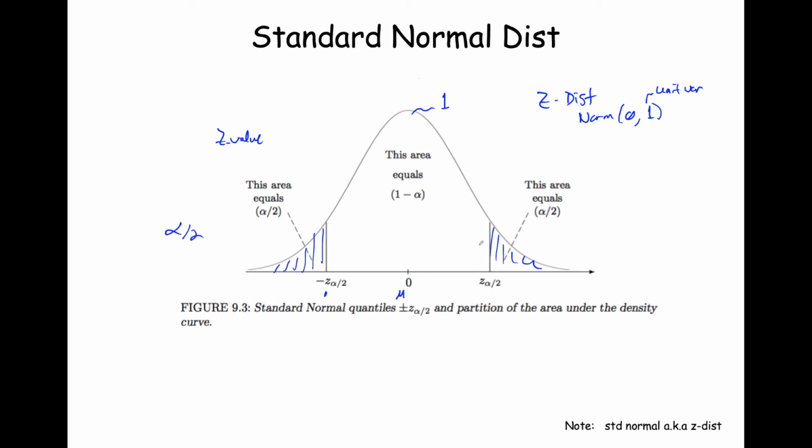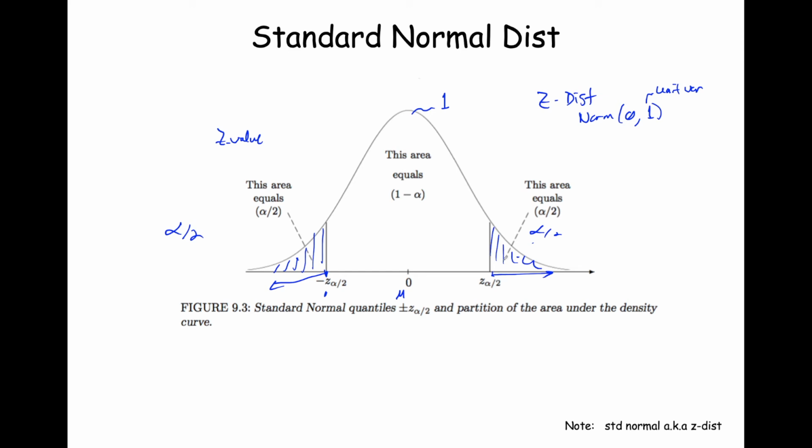Now, of course, if you have alpha over 2 here and alpha over 2 area over here, alpha over 2 plus alpha over 2 is equal to alpha. So if these tails represent a total of alpha probability mass, if you were to take the integral from the negative z value going to the left and the positive z value going to the right, and you add them up, that's exactly alpha. So what does that leave?